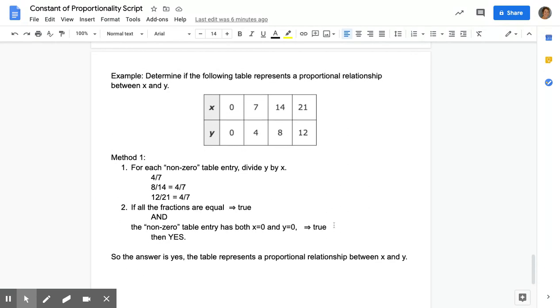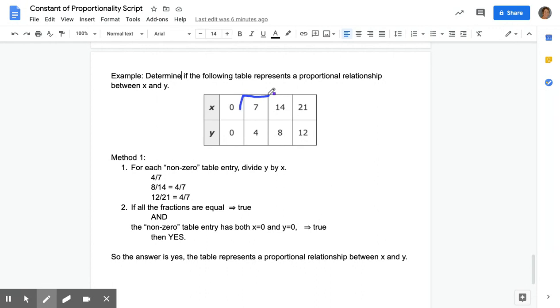We're going to look at another example. Determine if the following table represents a proportional relationship between X and Y. Using our method 1, step 1: for each non-zero table entry, divide Y by X. This entry has zeros, so we can't use that one.